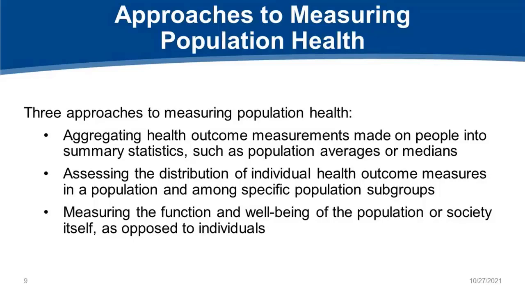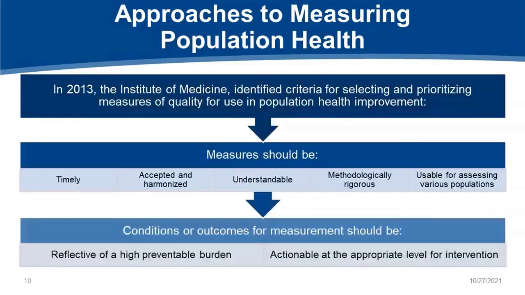So in other words, basically assessing performance on a handful of carefully selected perinatal measures that, when examined together, provide a more comprehensive picture of the health of that patient population. And then finally, and perhaps this goes without saying, it's important to be measuring the function and well-being of the population or society itself, as opposed to the health or well-being of individuals.